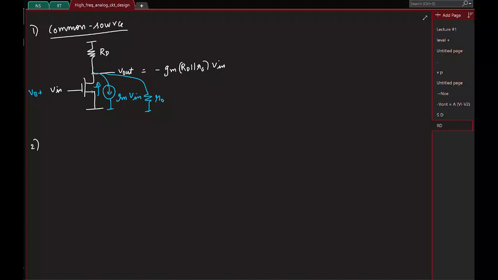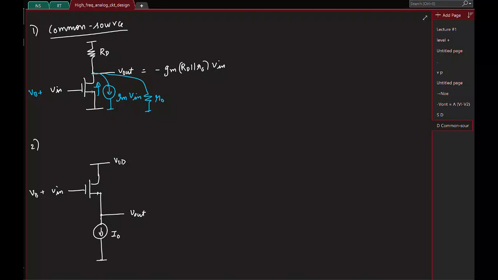So next let's look at the second possibility, where I'll apply the input at the gate and observe the output at the source. In this case I'll connect the drain to VDD so that it's in saturation. Again, there is some bias voltage here which I am not showing explicitly, and say you have a current source here. Okay.